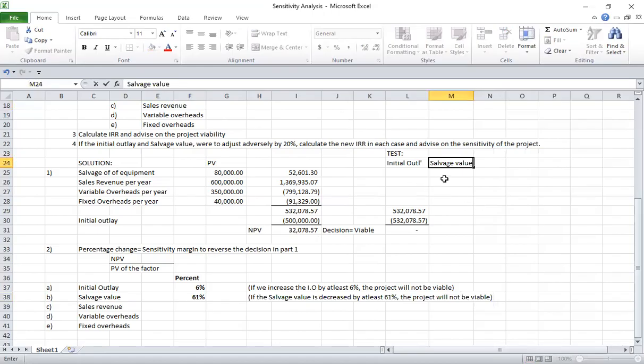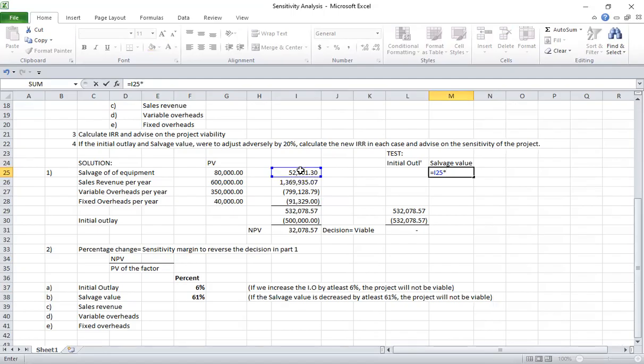In this case, what we shall change is this salvage value. The salvage value shall now be how much money? It is this 52,601, and we multiply by what?